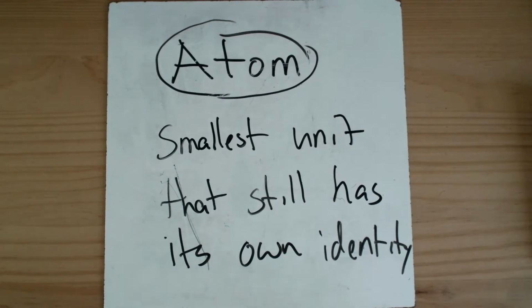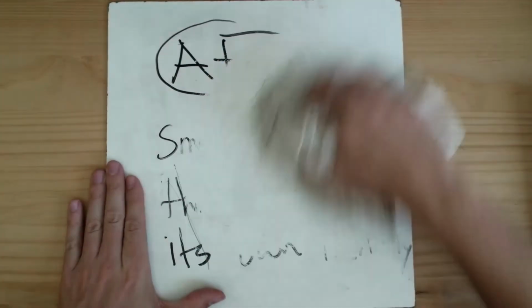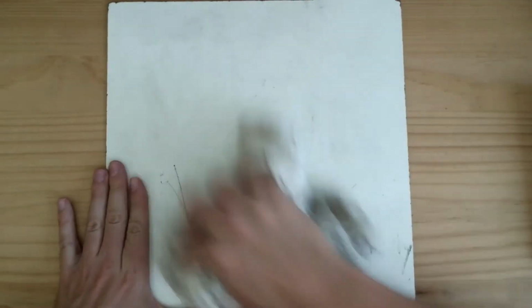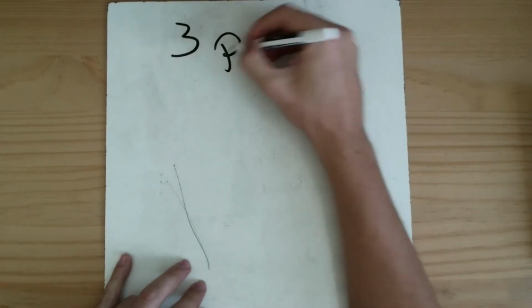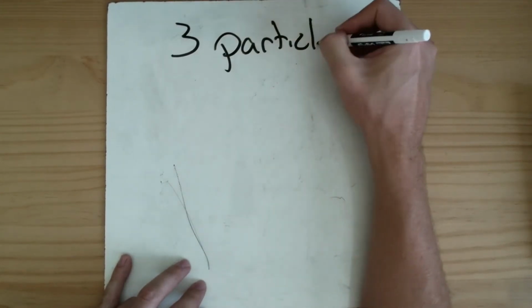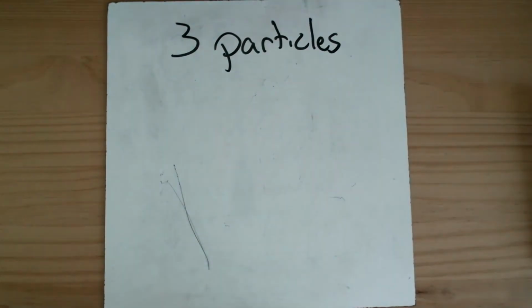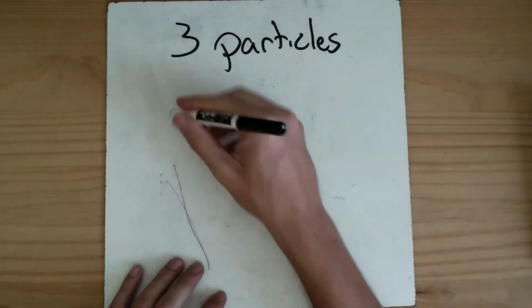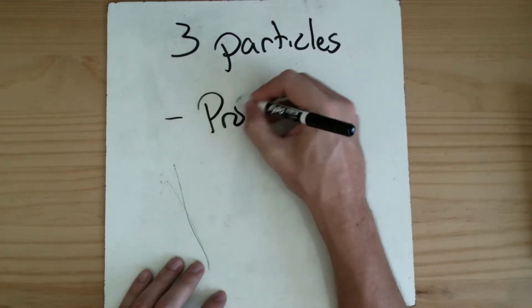Now, that doesn't mean that atoms aren't made of things. It's just that those things no longer have identities of their own. So when we talk about atoms, there are 3 particles that you need to keep track of. And this is going to be review for most people, but we have protons.